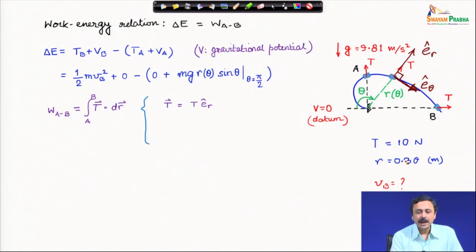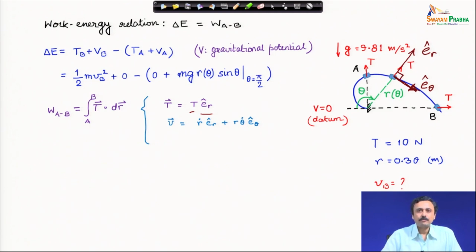Now, the applied force vector is always along the radial line, which means it is always along ER cap. Therefore, its representation is the magnitude times ER cap. Next, we have to represent the dr vector. For that, let us start with the velocity of this collar.